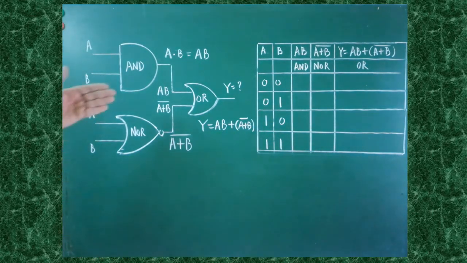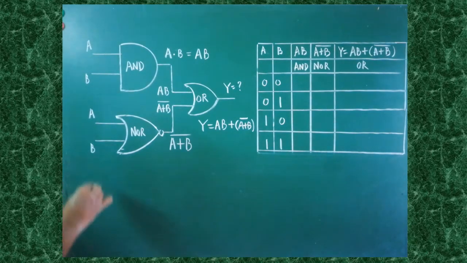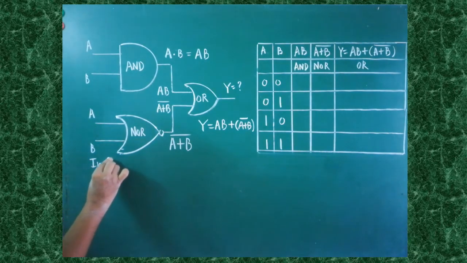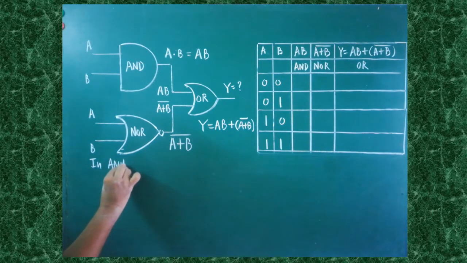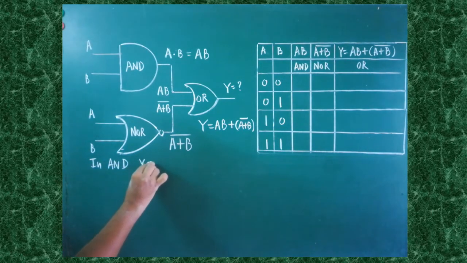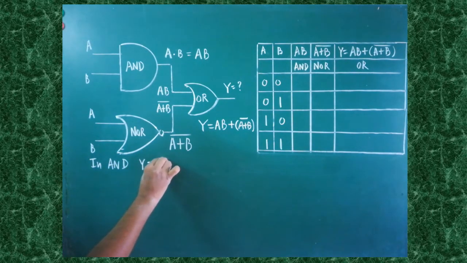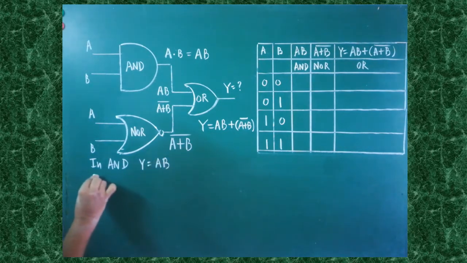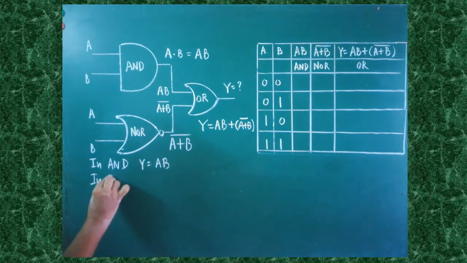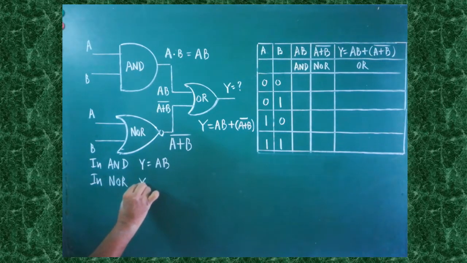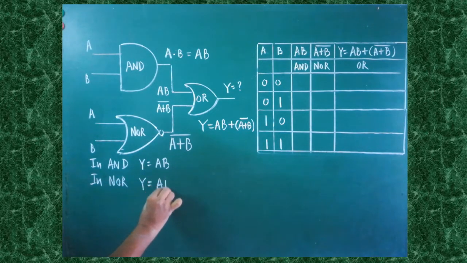So like that in the examination we have to write. Are you clear? Here we can write it in the form of sentences also. In the AND gate, the output will be AB. In the NOR gate, the output will be (A + B) whole bar.